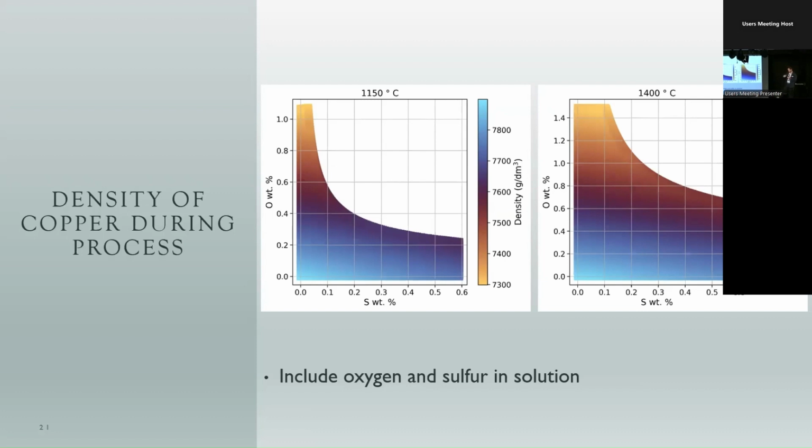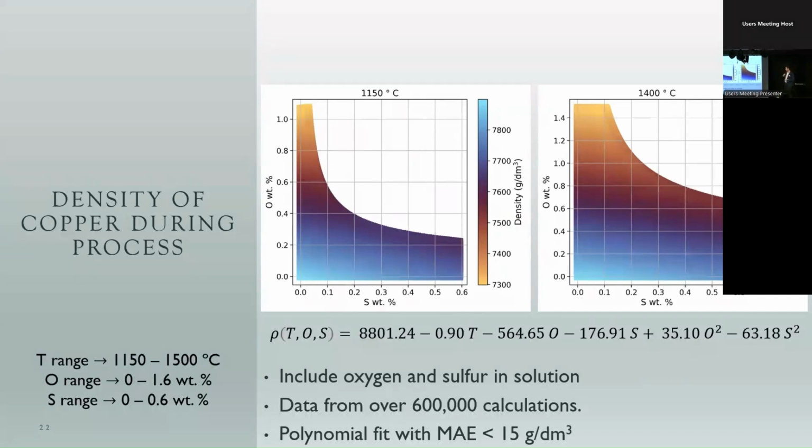So what we did next was performing quite a nice amount of calculations, over 600,000, in those ranges that you see here, from 150 to 1500 in temperature, oxygen up to 1.6 and sulfur up to 0.6. And with all those calculations, we did a quite simple polynomial fit.